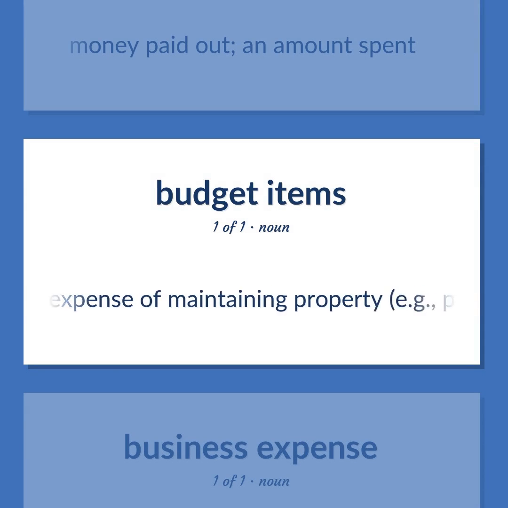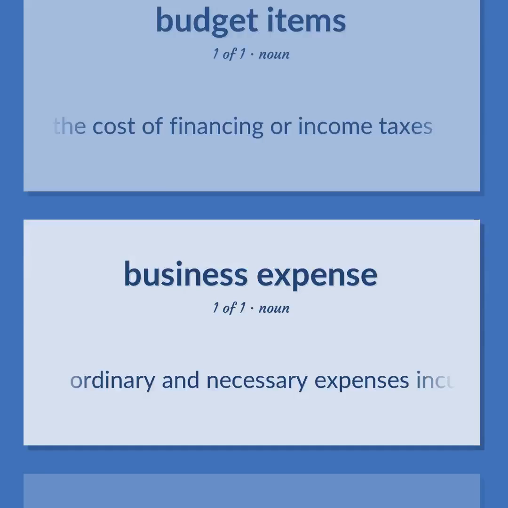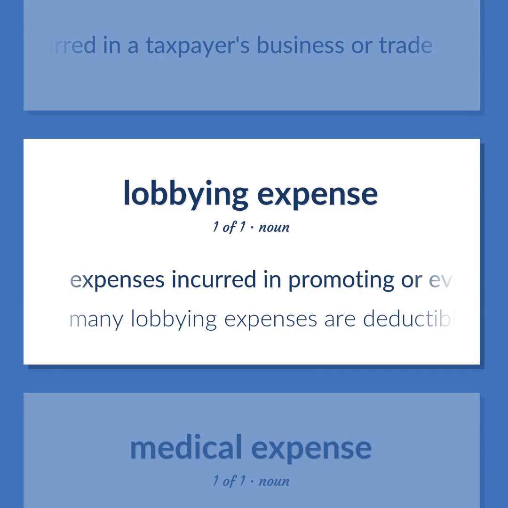The expense of maintaining property, e.g., paying property taxes and utilities and insurance. It does not include depreciation or the cost of financing or income taxes. Ordinary and necessary expenses incurred in a taxpayer's business or trade. Expenses incurred in promoting or evaluating legislation.